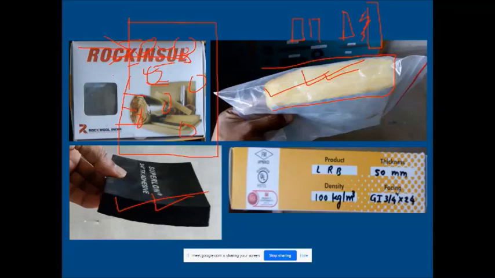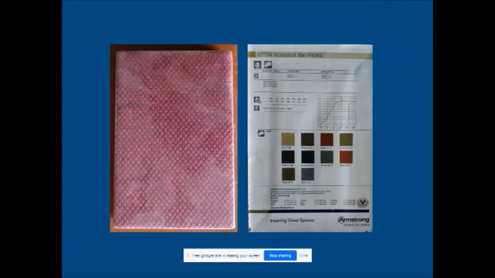Anyway, we are talking about sound absorbing material. So glass wool or rock wool is again a very good sound absorber, and you can find the thickness, product, density and all of that. Let me zoom this.